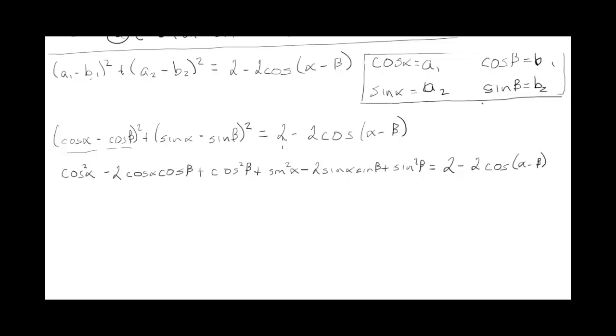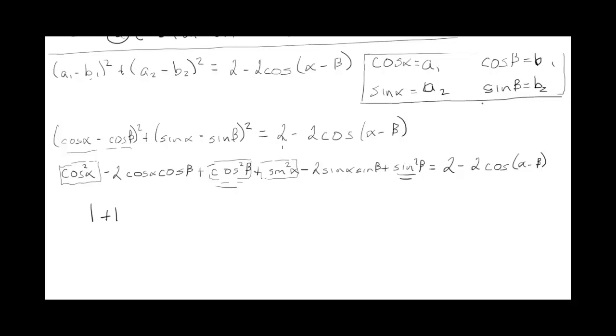So when you expand it, it doesn't look simpler. But notice here I have cos squared alpha and sine squared alpha. If you remember, you have the identity cos squared alpha plus sine squared alpha equals 1. And I also have cos squared beta and sine squared beta, and again, that's equal to 1.